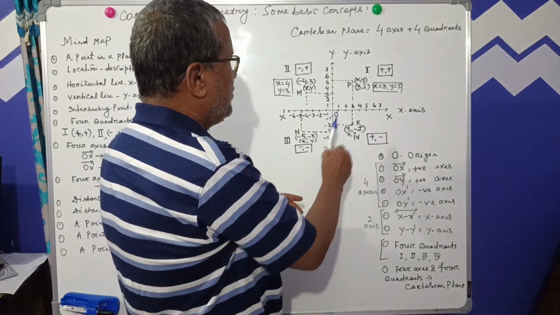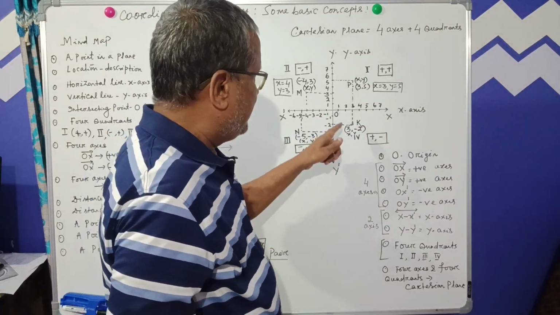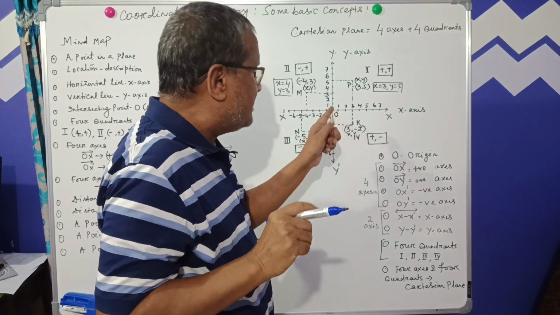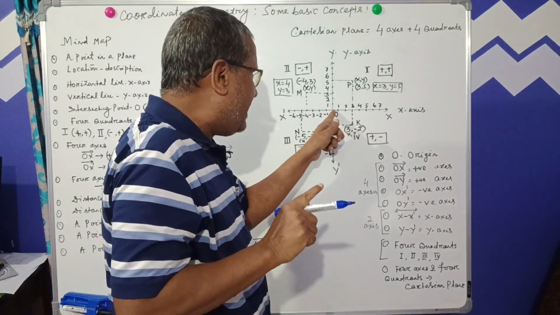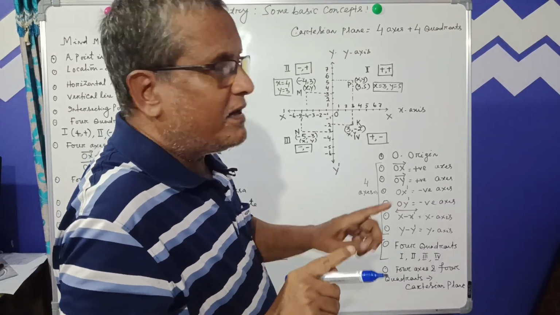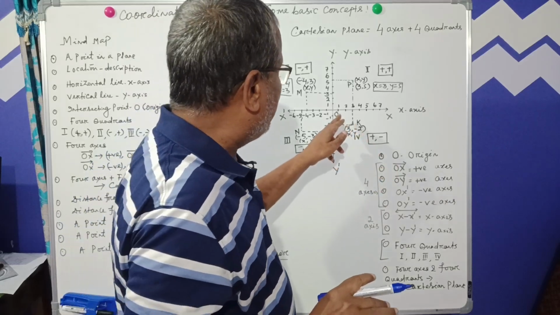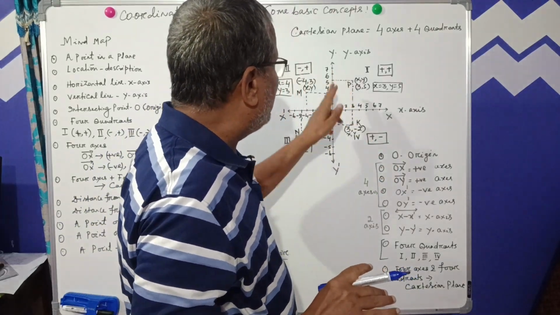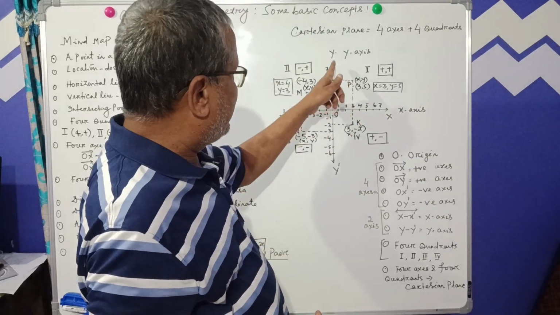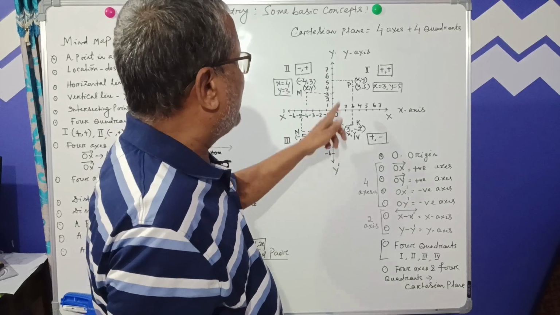Where they intersect, the 0 of this number line and the 0 of that number line coincide. This intersecting point is called the origin of the two axes. And this perpendicular or vertical y dash axis is called the y axis.